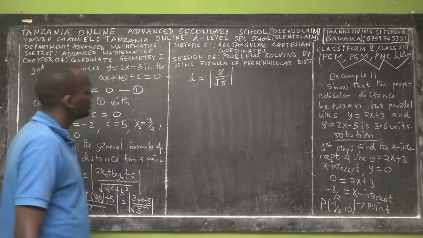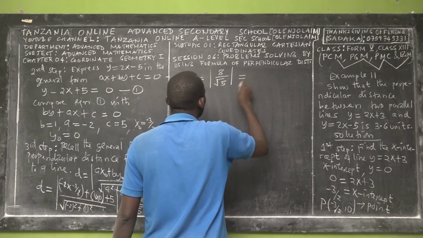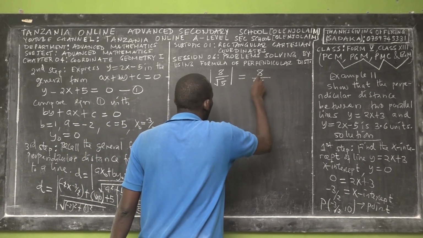Okay, so that's the distance, so I can find its value. This is 8 over the square root of 5.